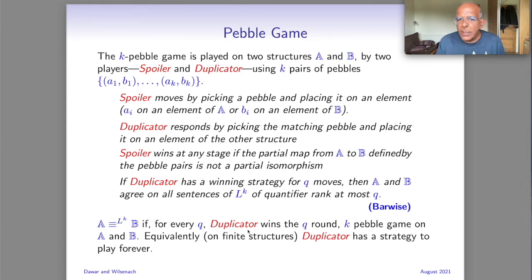So in general, we just say that duplicator wins if duplicator has a strategy for playing forever. Okay, and then we don't care about the quantifier rank. And if that's true, then A and B cannot be distinguished not only by any sentence of LK, but even by any infinite collection of sentences of LK.